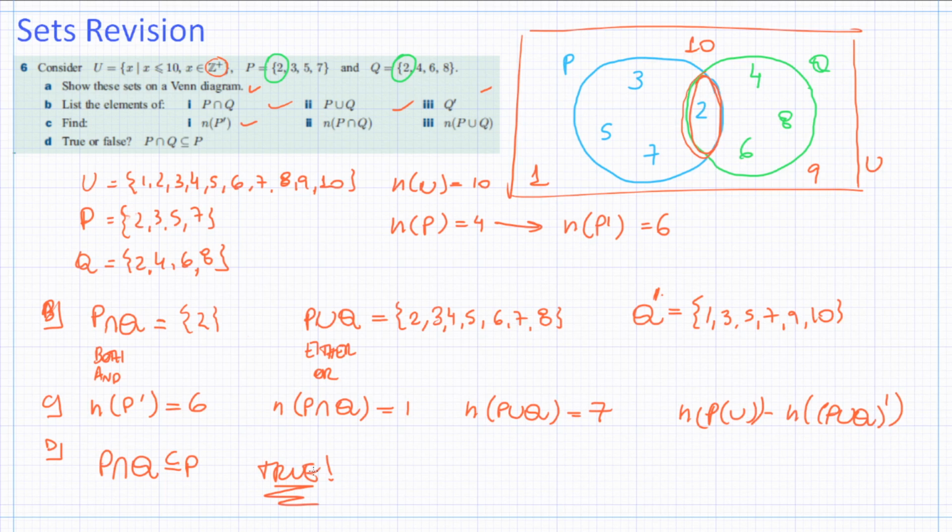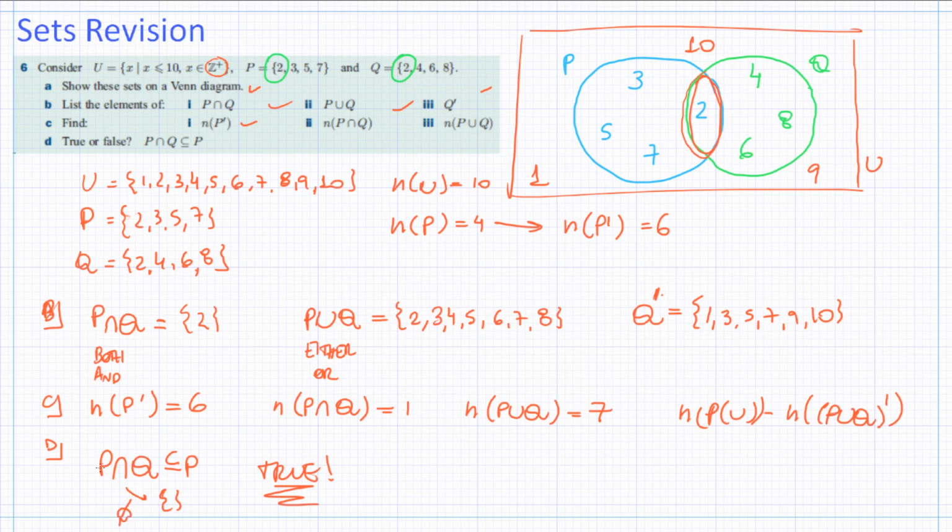So that's true. The only situation in which this would not be true is if those sets were the same, and then you wouldn't have a proper subset. You would have actually the set itself, the set that you had to begin with. Right? So P intersection Q is always going to be P or some subset of P. So if Q and P are different, in the worst case scenario, you're going to get this to be empty.